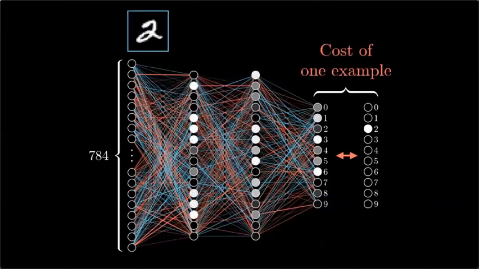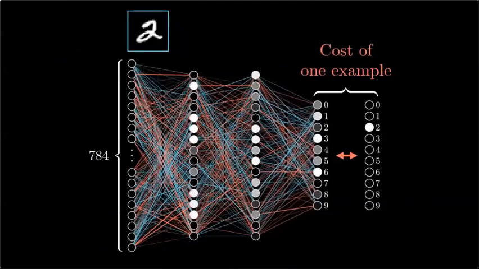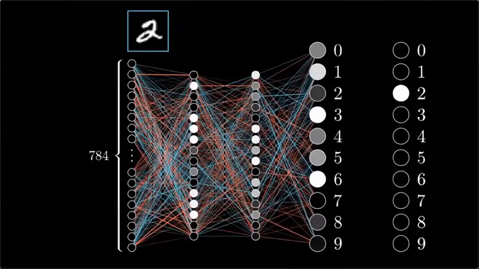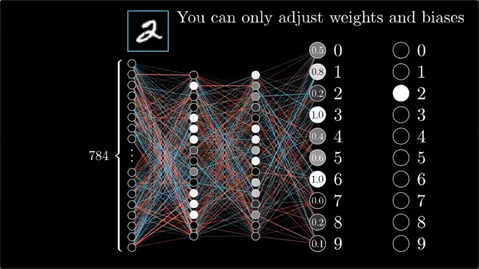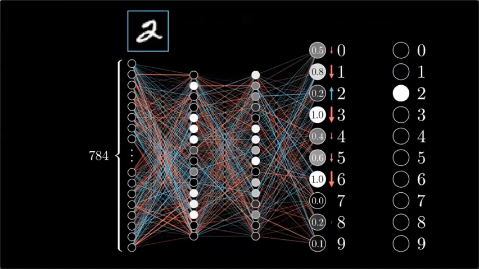Let's say we're at a point where the network is not well trained yet, so the activations in the output are going to look pretty random, maybe something like 0.5, 0.8, 0.2, on and on. Now we can't directly change those activations, we only have influence on the weights and biases. But it is helpful to keep track of which adjustments we wish should take place to that output layer.